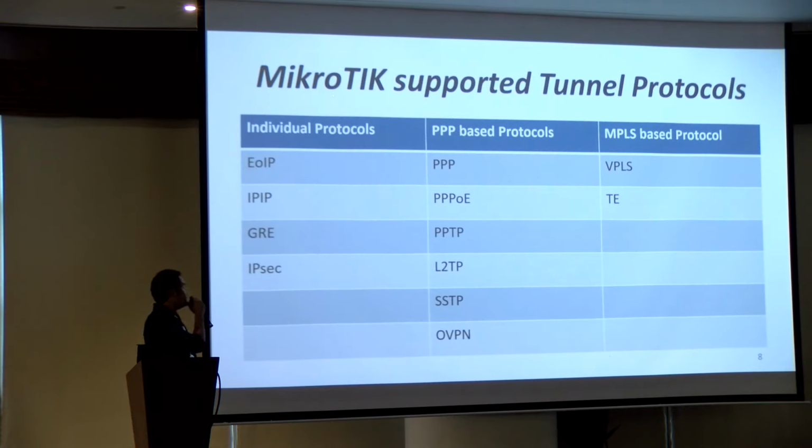This is a list of VPN protocols that MikroTik supports. Tunnel protocols include individual protocols: EoIP, IPIP, GRE, IPsec, and PPP-based protocols: PPP, PPPoE, PPTP, L2TP, and so on, and MPLS-based VPLS and TE.